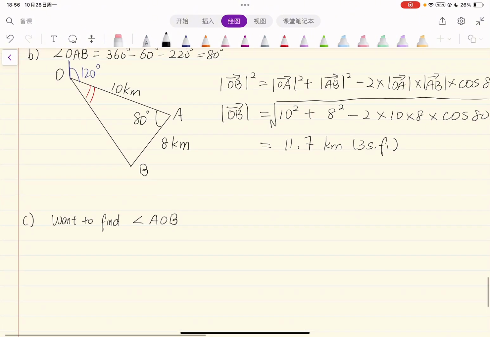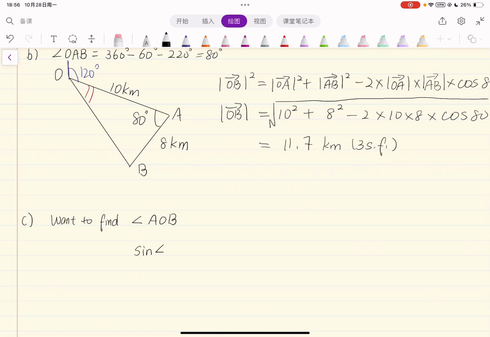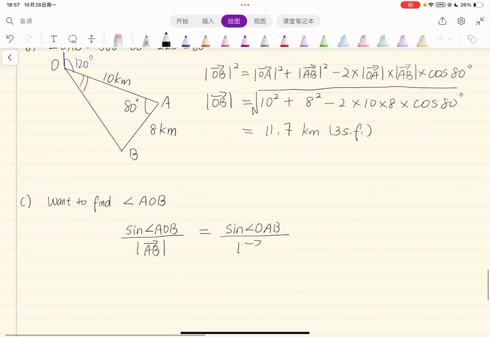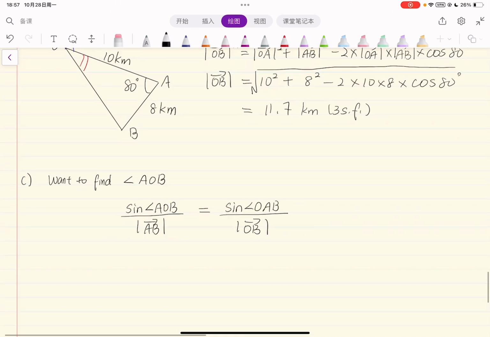So we want to find the angle AOB, or written down that sine of angle AOB, and the opposite of this angle is the magnitude of AB. We know the angle OAB, so we can write down sine of angle OAB, and the opposite length of this angle is the magnitude of OB. Then we can substitute the values into this equation.